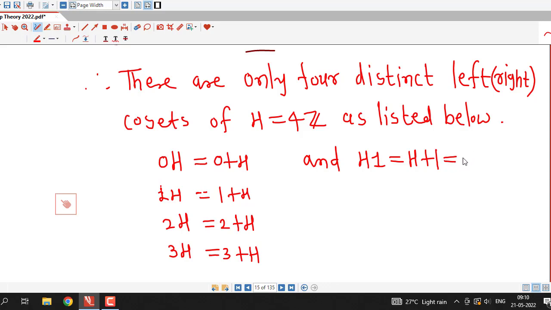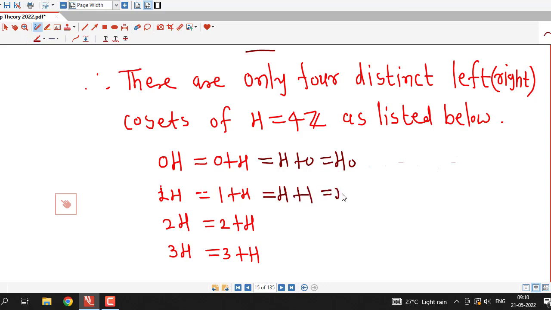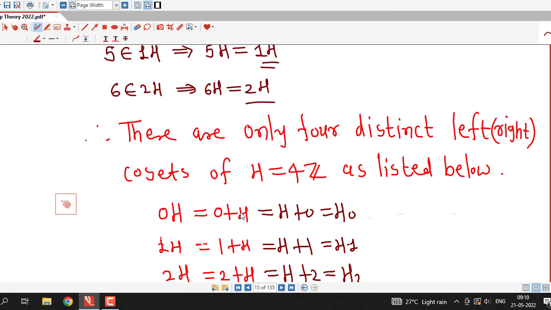First we write for 0, or we can write directly here also because they are equal. So this is equal to h plus 0, that is h0, or h plus 1 equal to h1. The right coset corresponding to 2 is equal to the left coset corresponding to 2, and the right coset corresponding to 3 is the same as the left coset corresponding to 3.